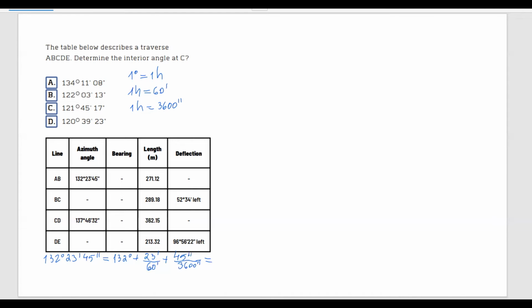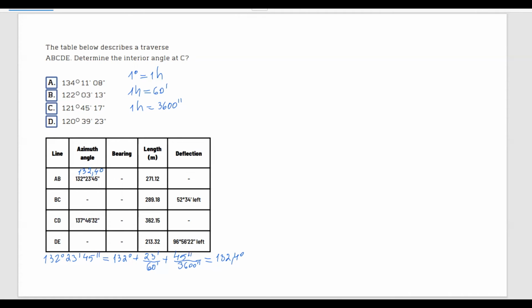Now the only thing you've got to do is use your calculator and find out how much this is. I'm getting 132.395. I'll round it up to 132.4 degrees.